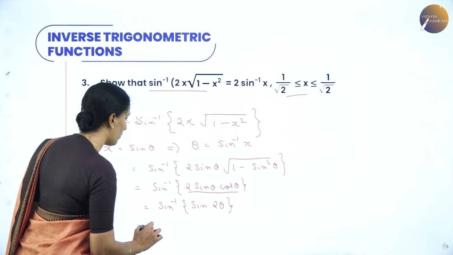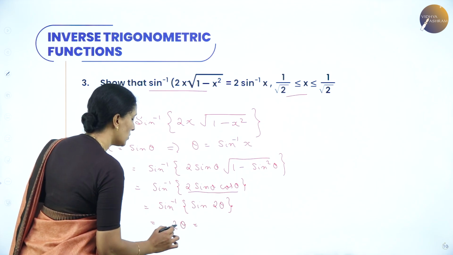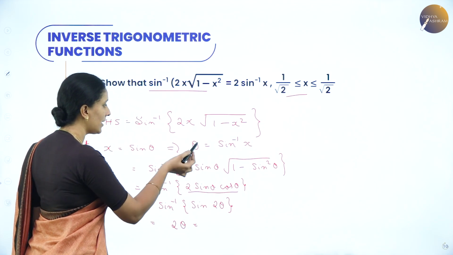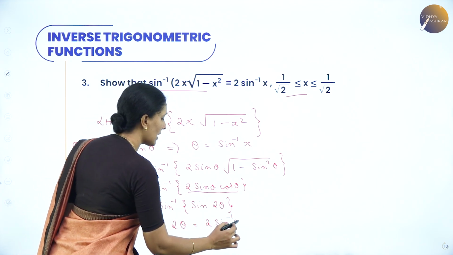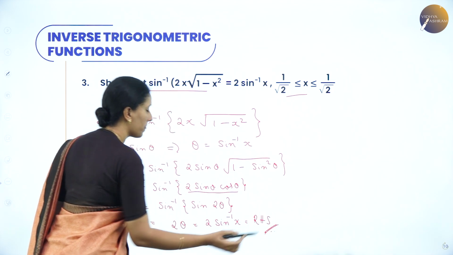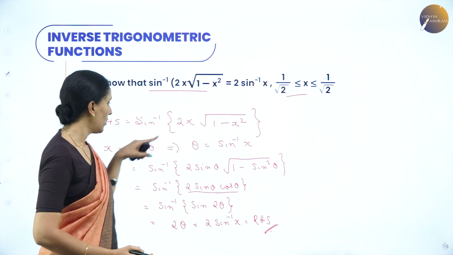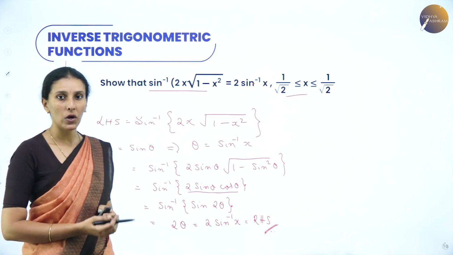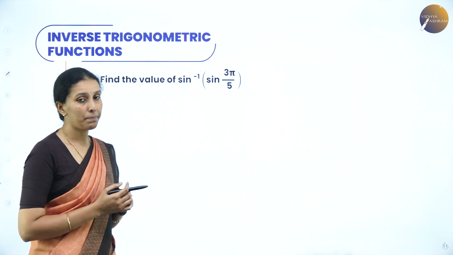Therefore, here sine inverse of sine 2 theta can be written as 2 theta. So, 2 into theta, what is theta? Theta is sine inverse x. So, we will write this as 2 sine inverse x. That is our right hand side. The same function can also be given in terms of cos inverse x if you take the substitution x as cos theta.